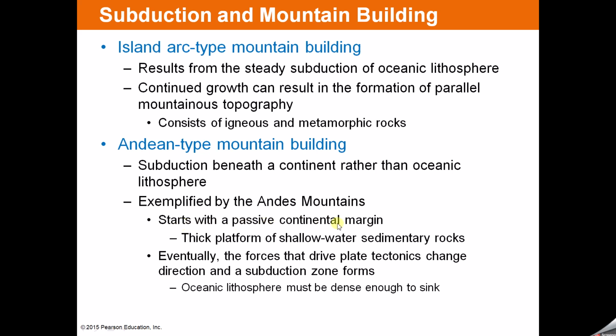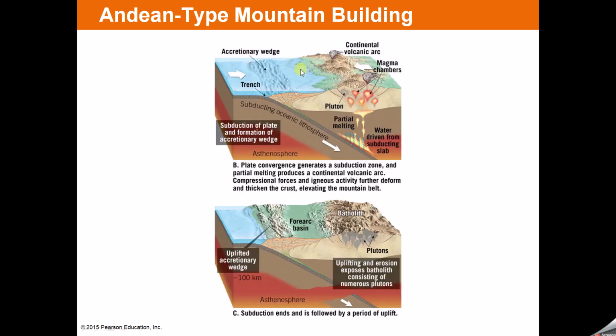It starts with a passive continental margin, a thick platform of shallow water sedimentary rocks, and then eventually the forces that drive plate tectonics change direction and a subduction zone forms. Oceanic lithosphere must be dense enough to sink. So let's look at the Andes-type mountain building.